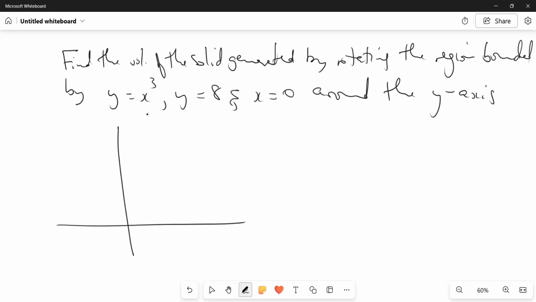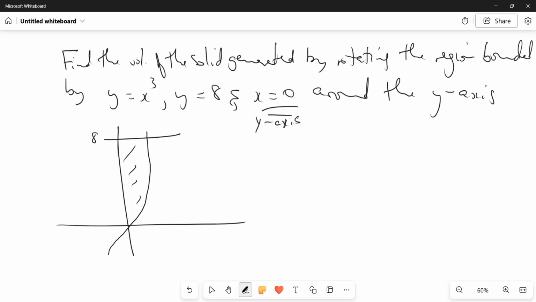So, okay, this is your y equals x cubed curve. I think it looks like this, right? So x equals 0 is the y-axis. And y equals 8 is this line here. So the region is bounded by the curve, y equals 8, and x equals 0.